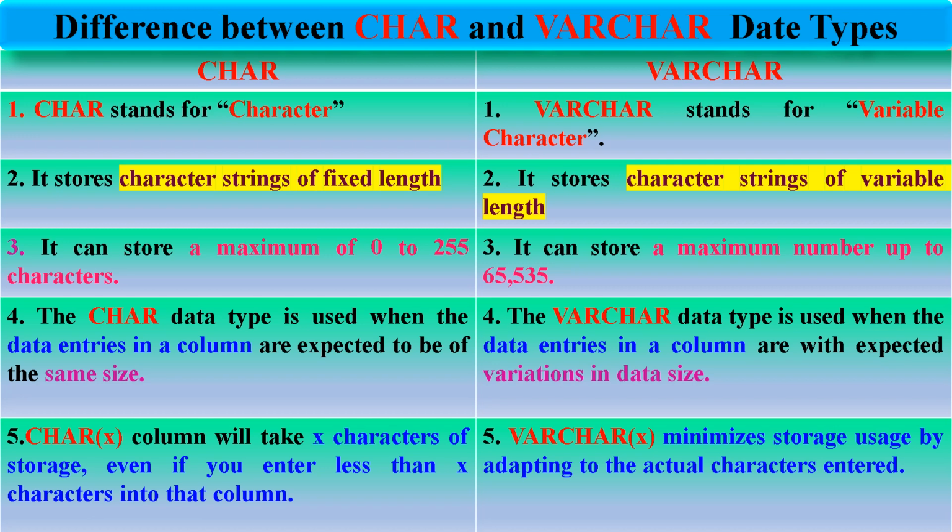Take a VARCHAR of 10 column and you enter the value hello. Hello contains 5 characters. Hello will occupy 5 bytes in storage, exactly matching the length of the text provided. This demonstrates how VARCHAR efficiently uses storage by adapting to the actual characters entered, without adding unnecessary padding or wasted space.